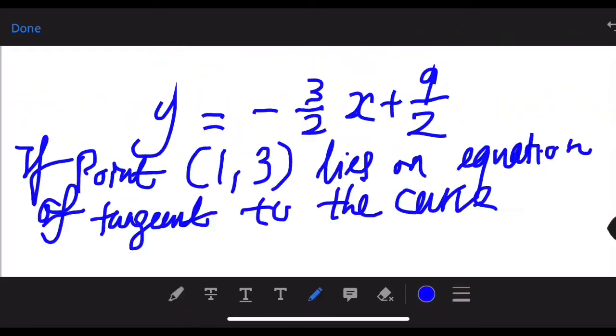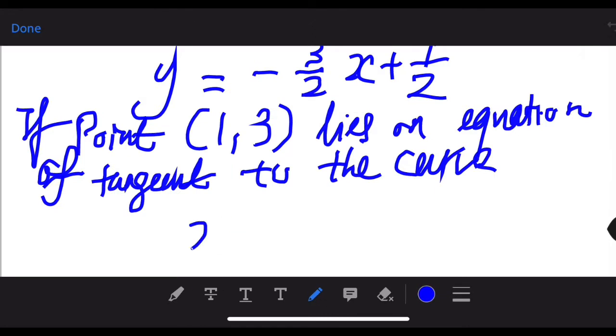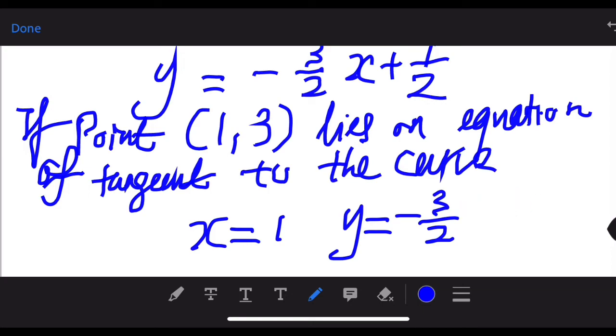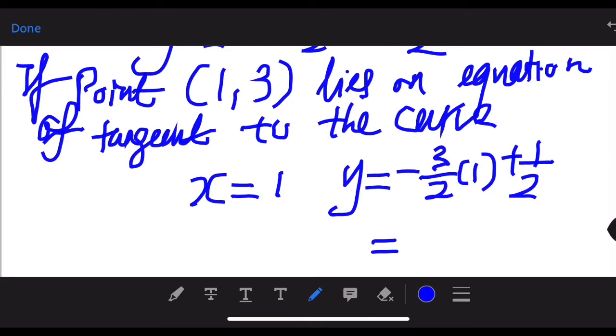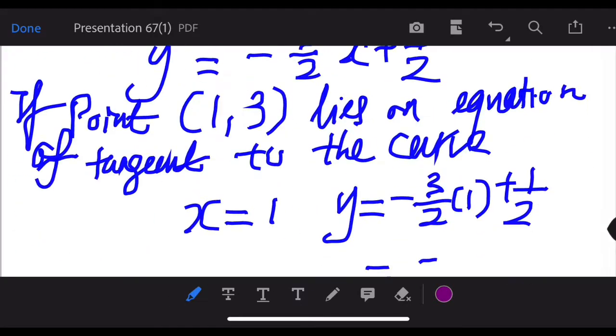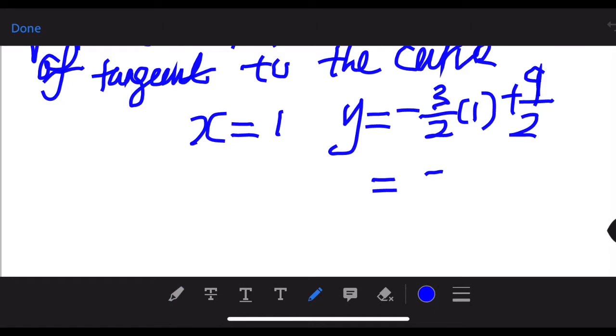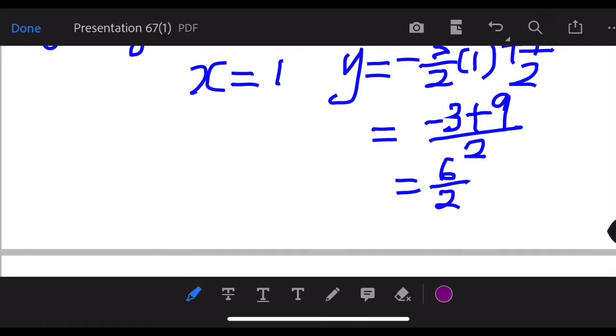We have x is 1, so we substitute x into the equation: -3/2 x plus 9/2. Let's substitute carefully. We have 9 minus 3, which is negative 3 plus 9/2. We have 6/2, and we get 3, right?